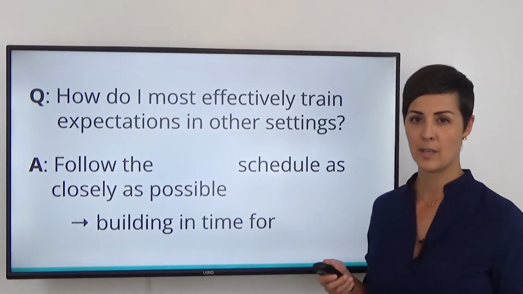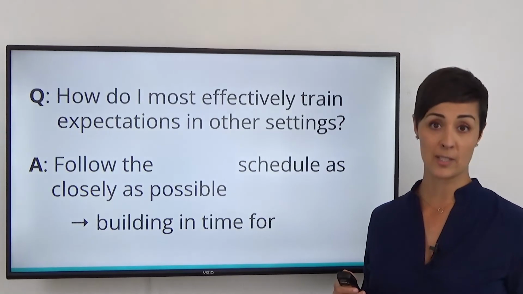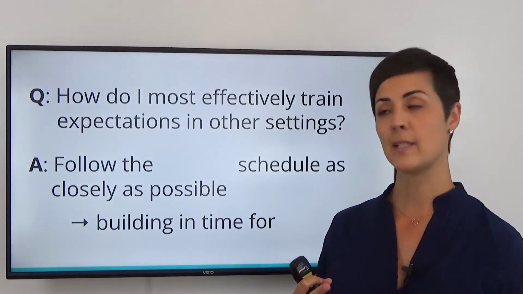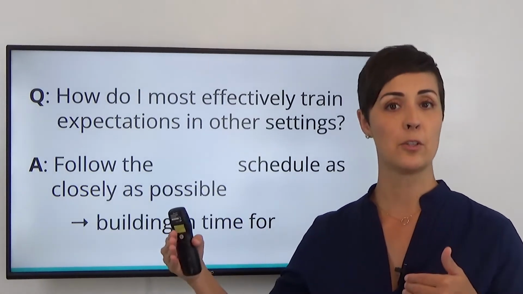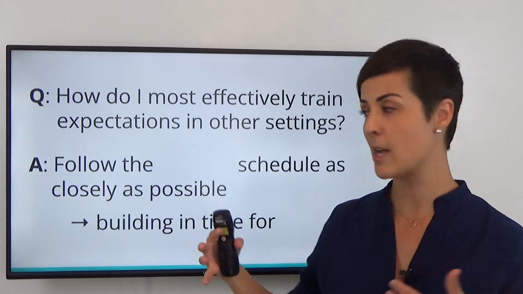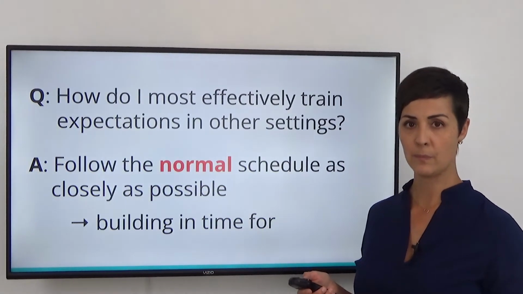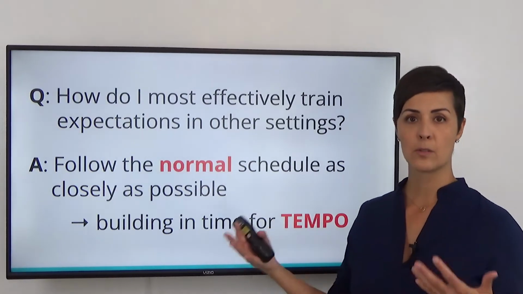So the question then teachers ask is, well, how do I most effectively train expectations in other settings? For instance, the cafeteria or the hall or out at recess. And here would be my suggestion, especially if you're doing this in the first 2 weeks of school, setting up your classroom, is that you follow the normal schedule as closely as possible, but you build in time for tempo during those transitions.